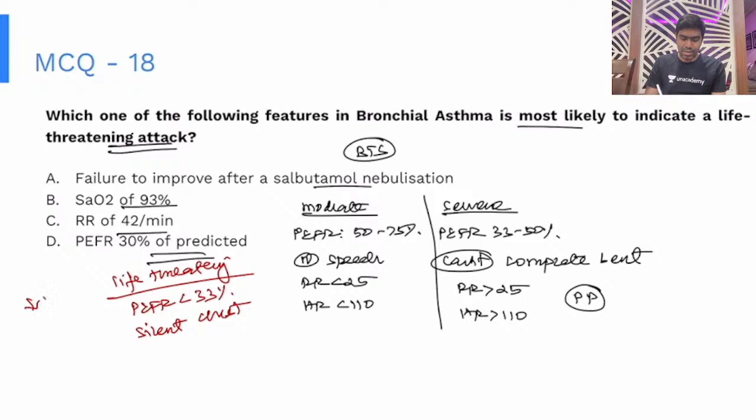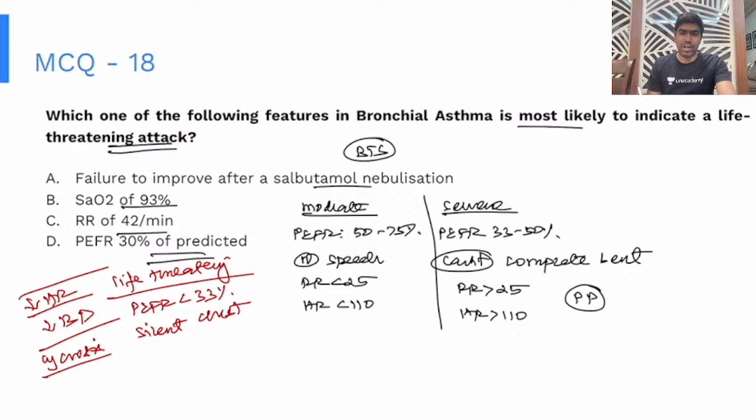If the patient is having bradycardia or hypotension, definitely it's a sign of impending respiratory failure. Or if the patient is having cyanosis, it's also a sign of impending respiratory failure. Or if the patient is in altered mental status, confusion, coma because of severe hypoxemia to the brain, even that is a sign of impending respiratory failure.